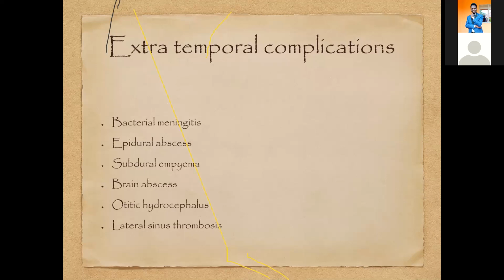We say perilymph is similar to CSF, so it's usually absorbed and produced from the CSF. Sometimes when you have infection, the absorption can be compromised, and you end up having otitic hydrocephalus. And then lateral sinus thrombosis, where infection drains into the lateral sinus.